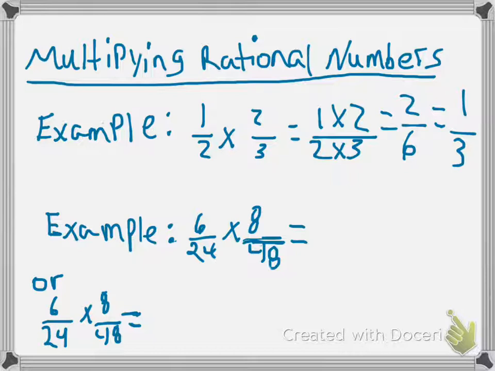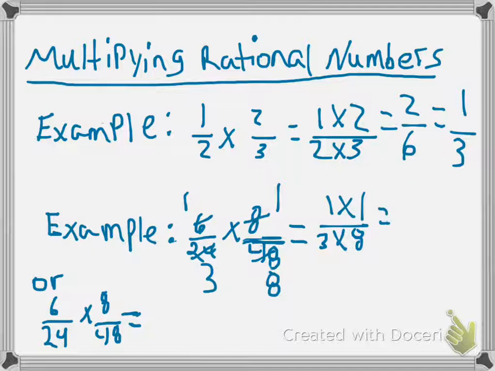For example, 6 goes into 6 once, and it goes into 48 8 times. 8 will go into 8 once, and go into 24 3 times. And so when you multiply that straight across, you get 1 times 1 over 3 times 8, and that gives you 1 over 24. And that can't be simplified, so that's your final answer.